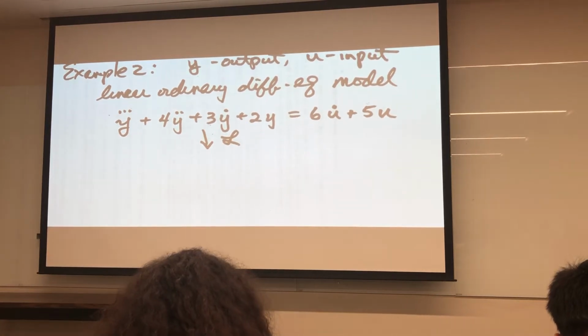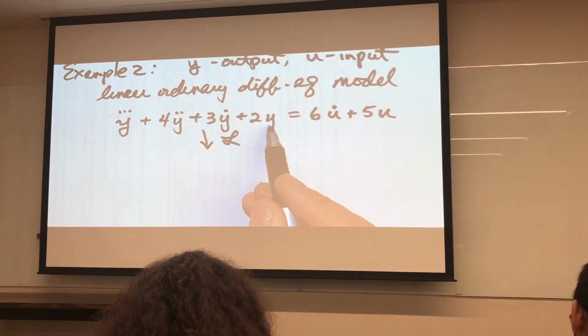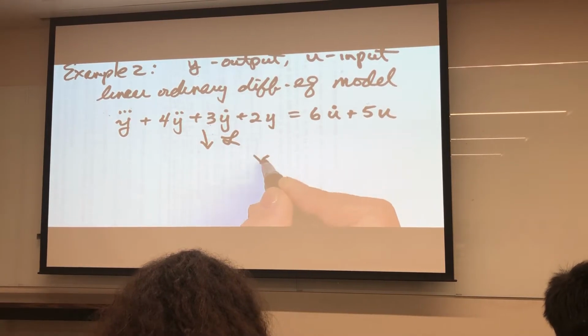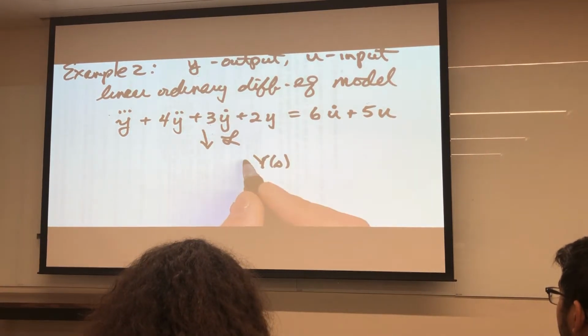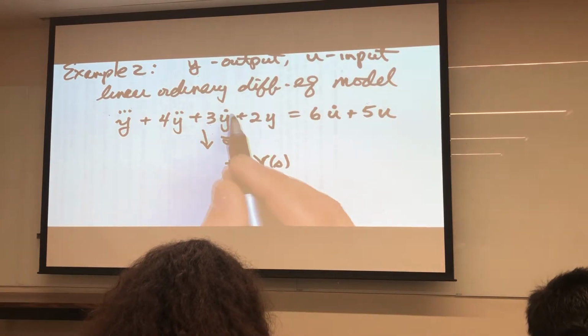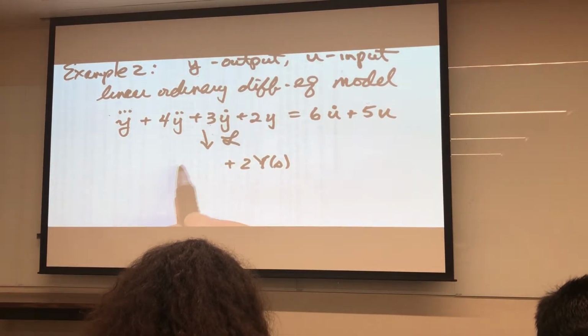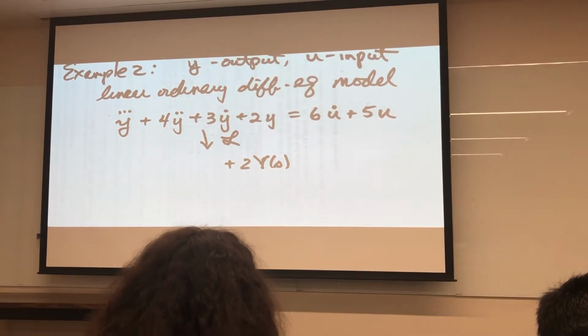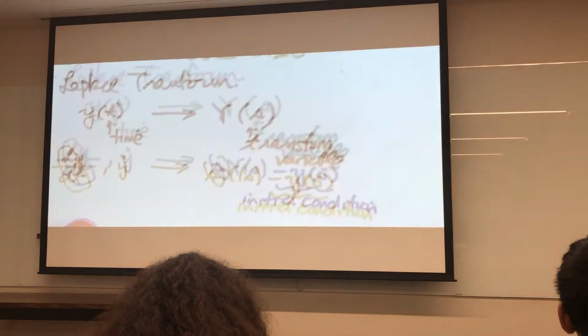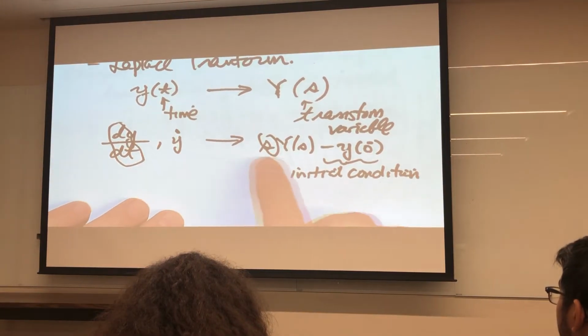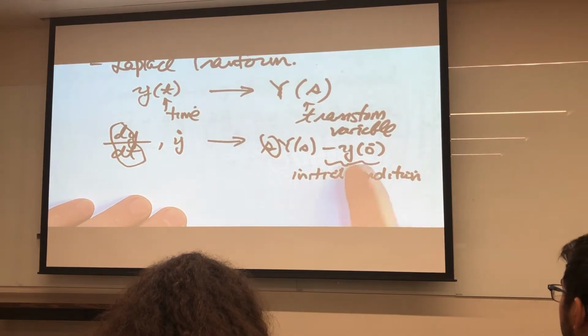Okay. And so y becomes Y of s. The 2 carries along, it's just a scaling. Okay. And then here, y dot becomes what? We're going to maybe go back and say dy/dt becomes this whole big expression. Okay.